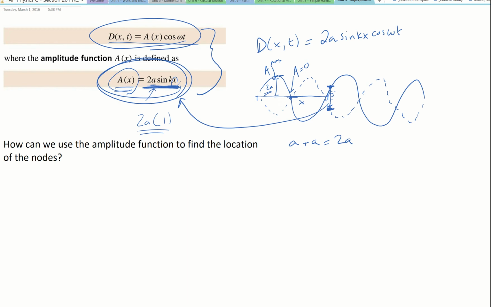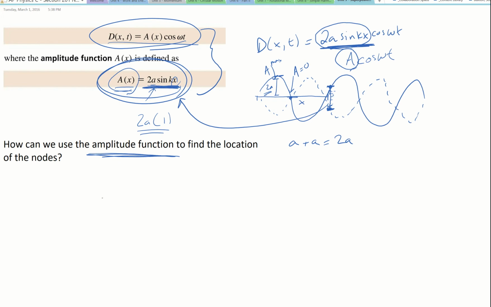Okay, so let's break this down a little bit more. How can we use the amplitude part of our function, just that first part out front, much like we've seen before? Compare this to how we would normally say a cosine of omega t. This portion here represents the amplitude, so it's the amplitude function.